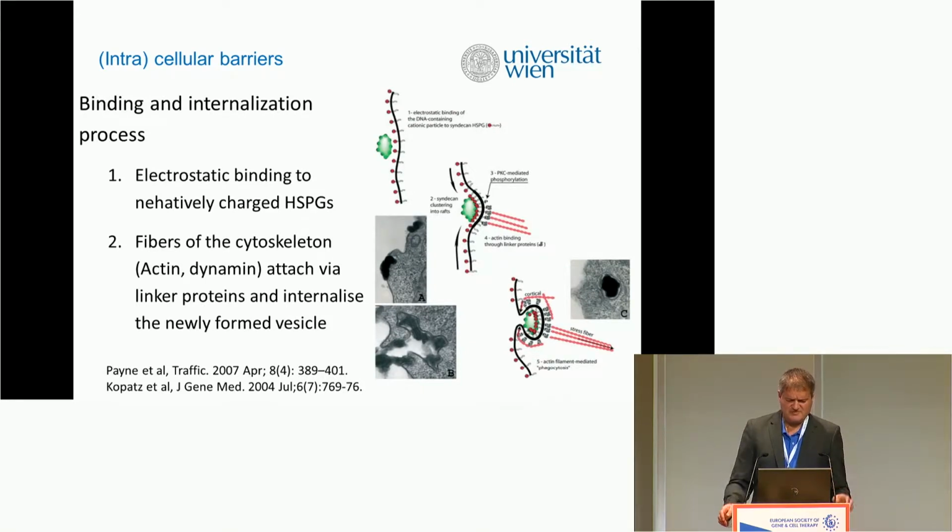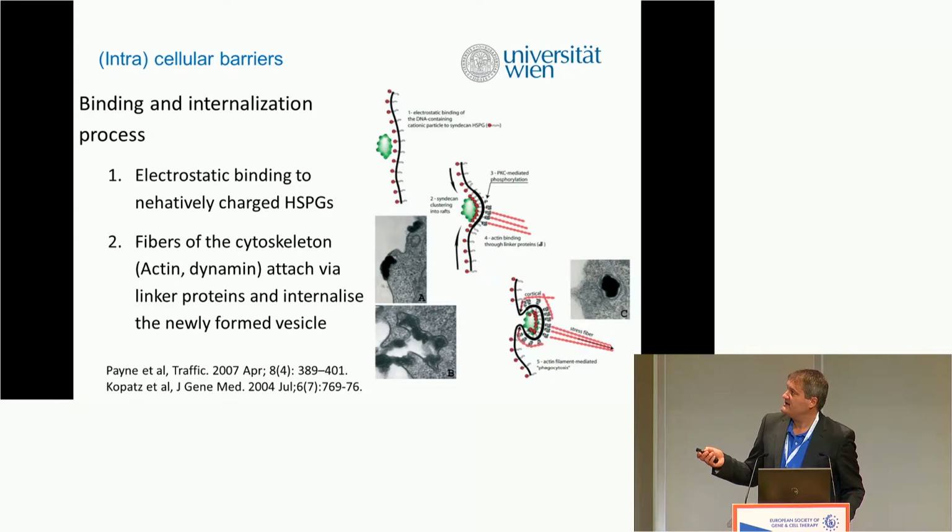There was one process proposed by the Jean-Paul Behr group already quite some years ago, and also confirmed by other groups. After this electrostatic binding, you have a relatively dynamic structure.